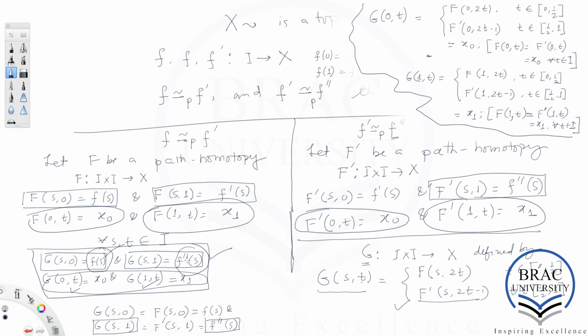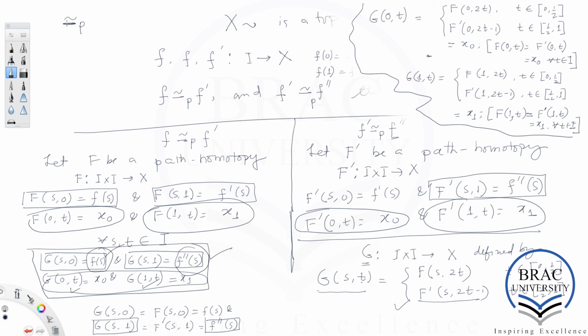This way you check the transitivity of the relation of path homotopy. The proofs of symmetry and reflexivity are exactly the same as for homotopy, so we leave it to the audience.